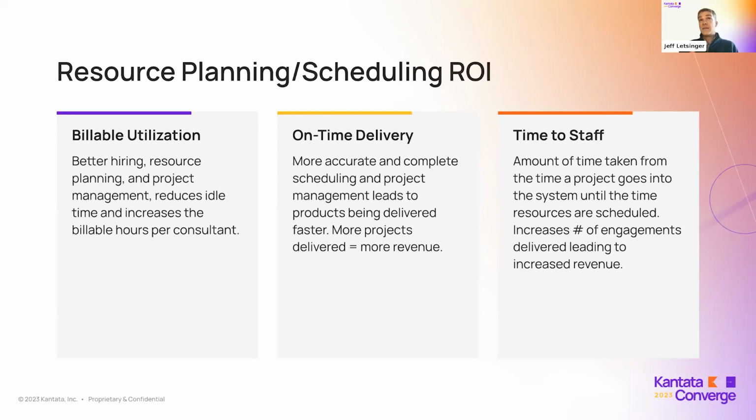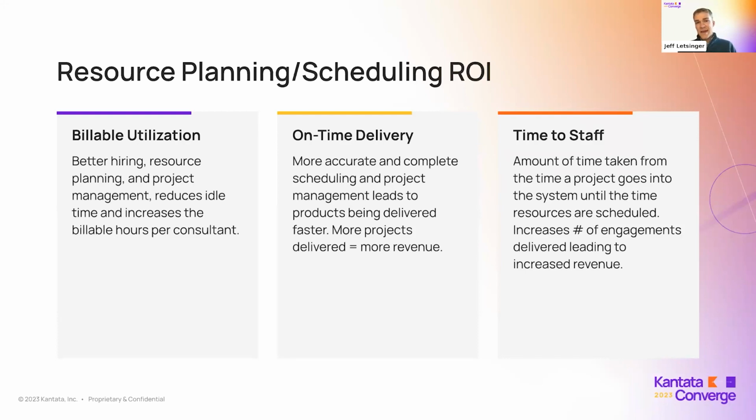The second, related to resource planning and scheduling, is on-time delivery. More accurate and complete scheduling and project management can ultimately lead to more products being delivered. If we can deliver more products, we can ultimately drive more revenue for the business as well, right? If we're able to complete work on time, we can reduce the turnaround time to then start the next project.